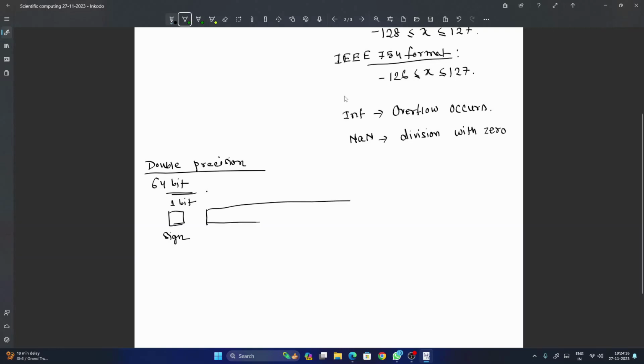Then a total of 11 bits are reserved for the exponent, and the remaining 52 bits are for the mantissa.